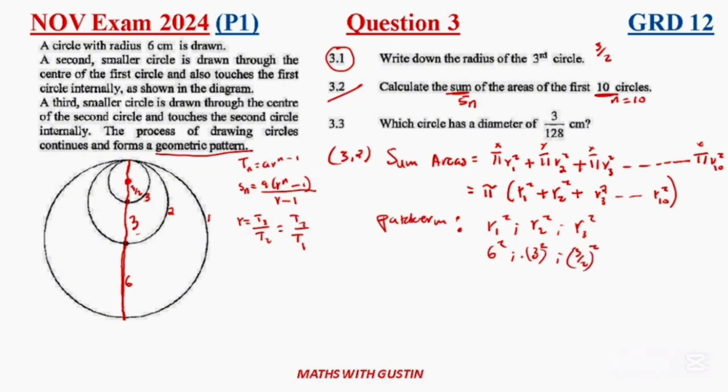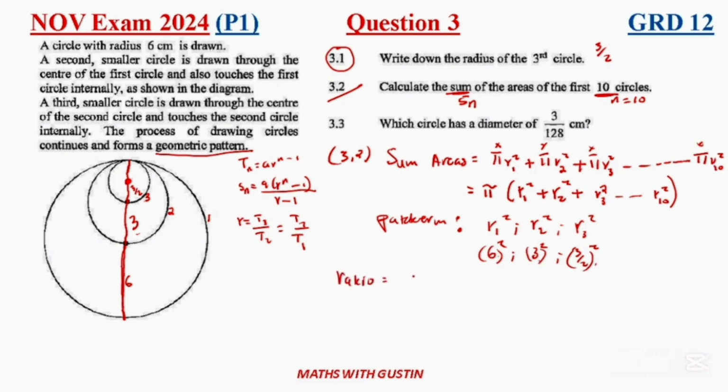Okay, there you go, guys. Remember, we're getting this from these radii that are sitting here. But remember, this does not give us the ratio, it only gives us the pattern. So we've got T1, T2 and T3. So therefore, what is the ratio now?